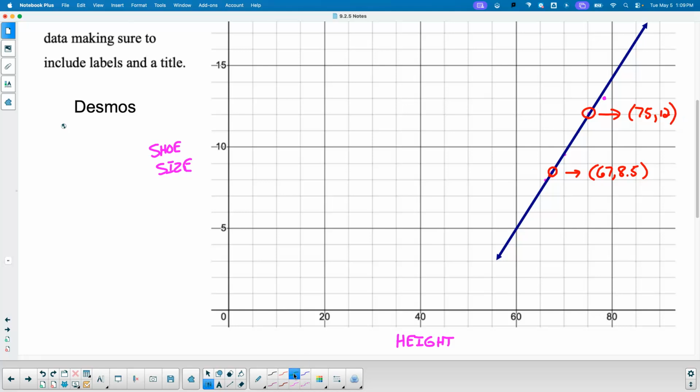Okay, so my slope here is going to be 12 minus 8.5 all over 75 minus 67. That's 3.5 over 8.